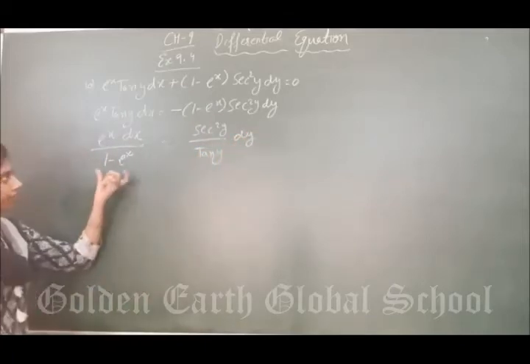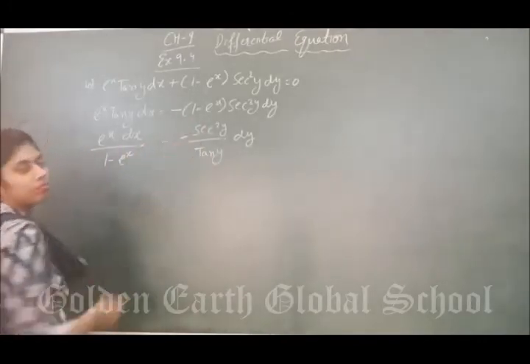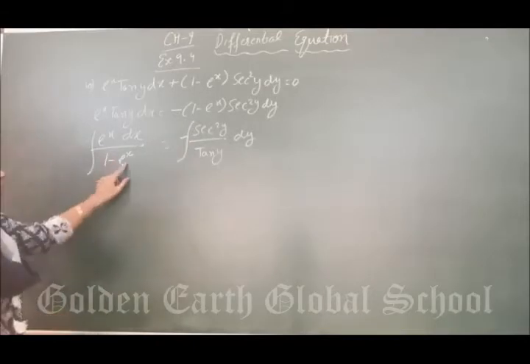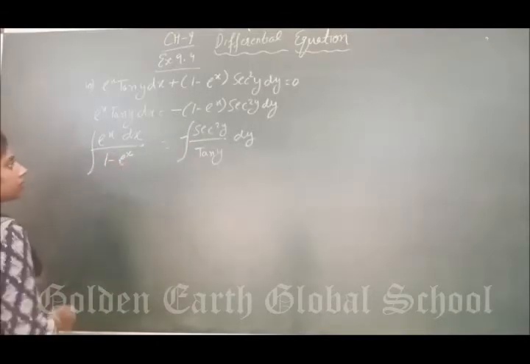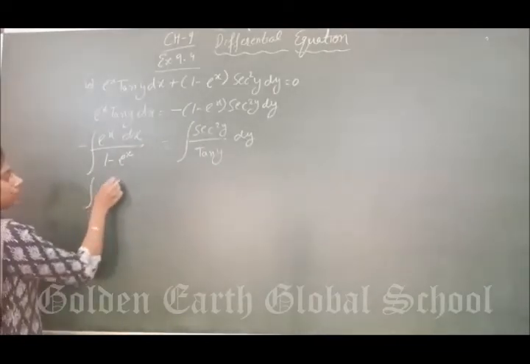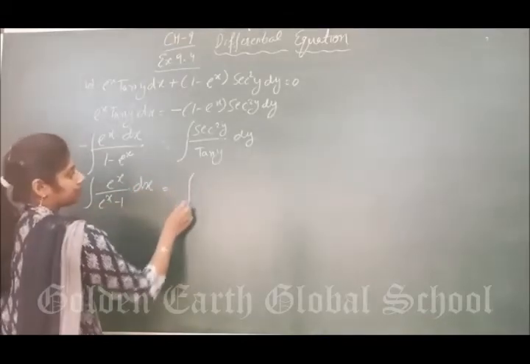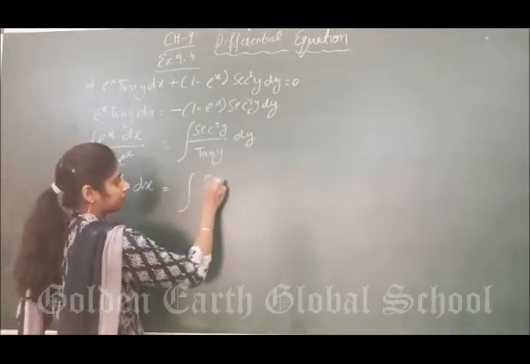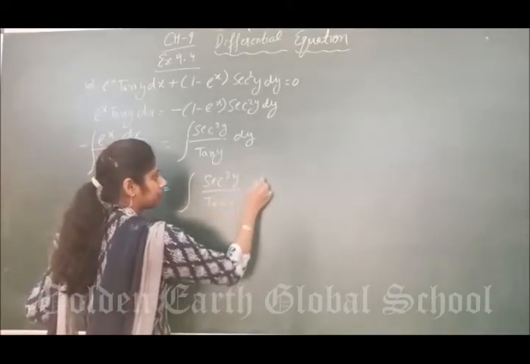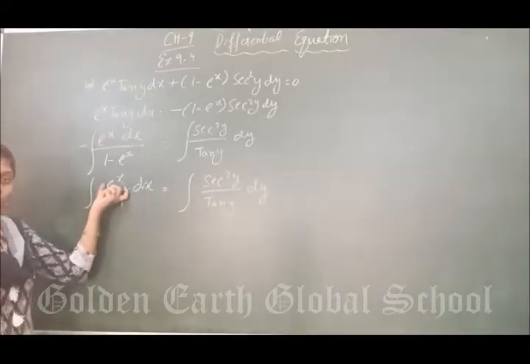Now see, on the left hand side there are x terms, on the right hand side y terms. There will be a minus sign. Now take the integration. How to take its integration? You can shift the negative sign to this side and the integration will become e^x upon e^x minus 1 dx. Now see, the derivative of e^x minus 1 is in the numerator.